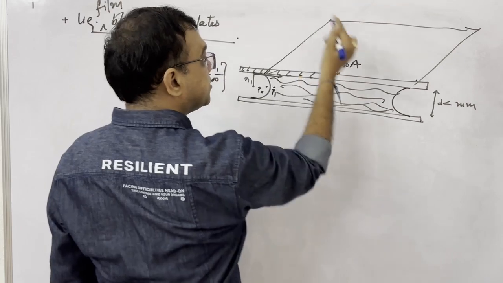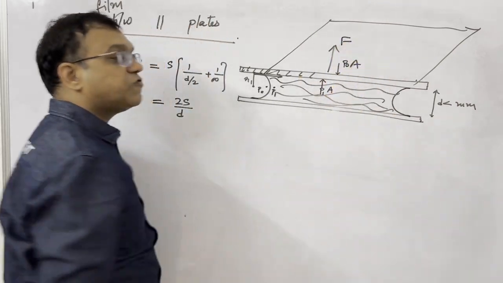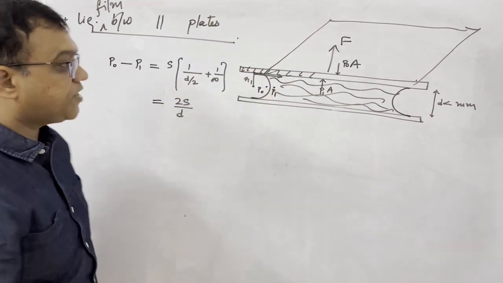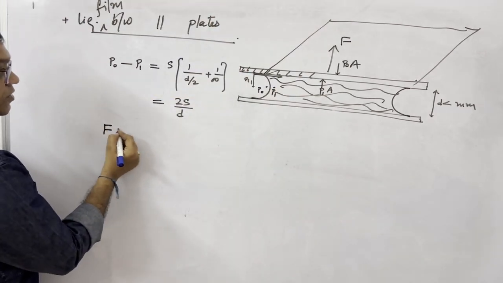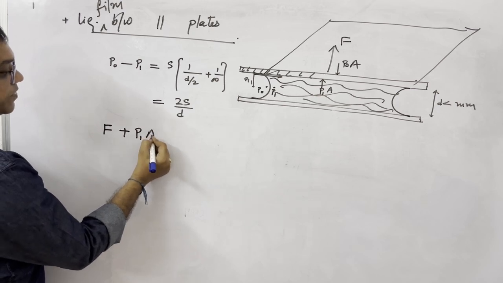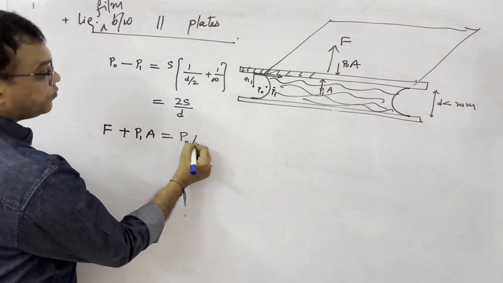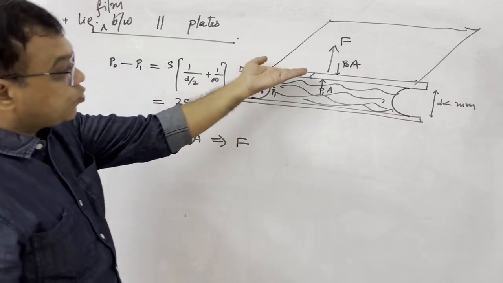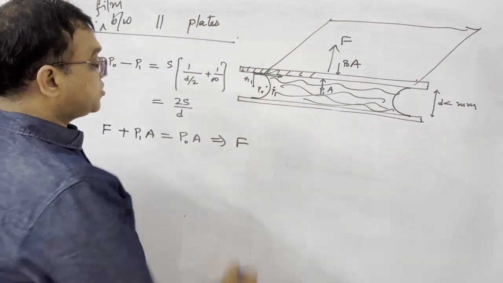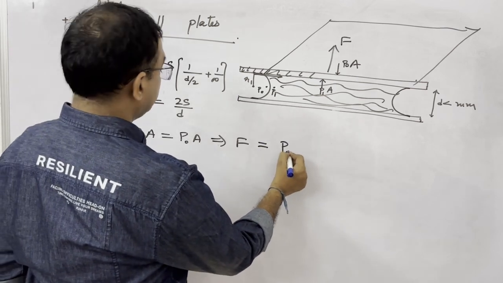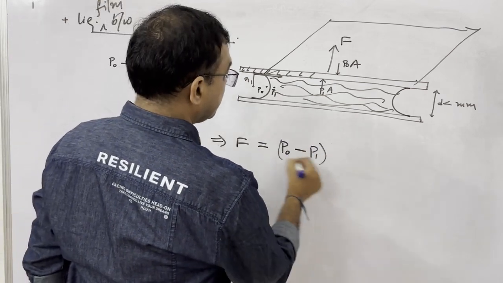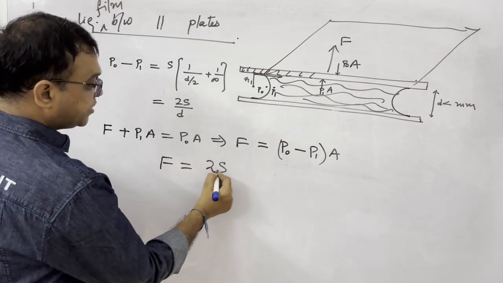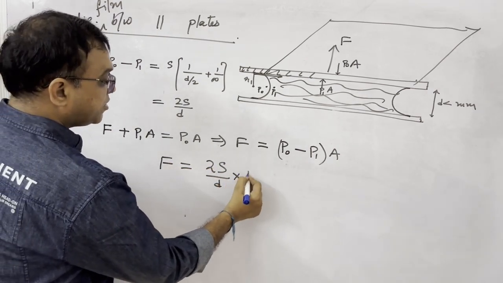And to lift it, we have to apply the force F. Then F plus P1 A is equal to P0 A. Then the required force to lift this plate is equal to (P0 minus P1) into A. F is equal to 2S by d into A.